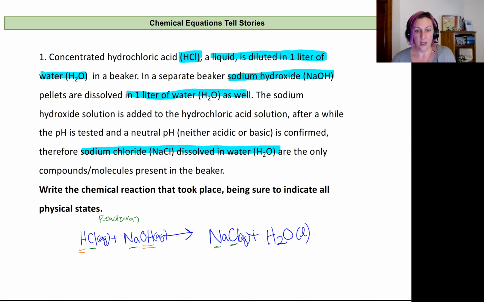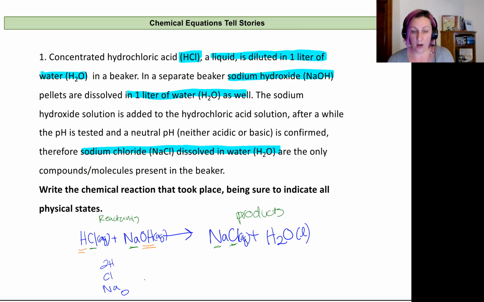All right. So now we have all of our reactants and our products written out. We have our states. And now we need to balance this equation. So on my reactant side, I have 2 hydrogen, I have a chlorine, and I have a sodium, and I have an oxygen.